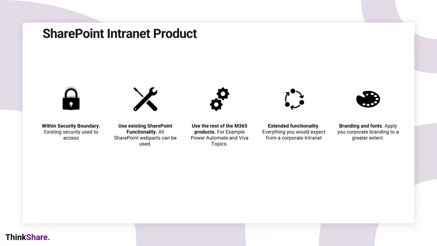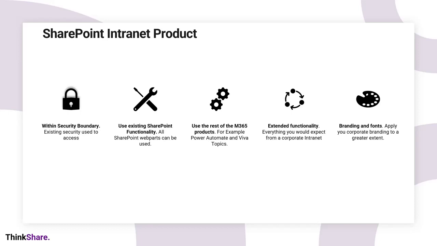The other products that are available within Microsoft 365, such as Power Automate, Power Apps, and Viva Topics, can all still be used when you're buying a SharePoint intranet product. That means you can still build applications or pull in content from those different products, or trigger something like a Power Automate workflow based on something in SharePoint.